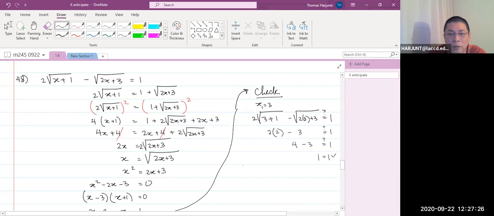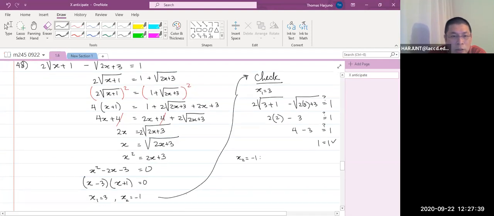Let's check. How about when x equals -1? The other solution, right? So x equals 3, x equals -1.